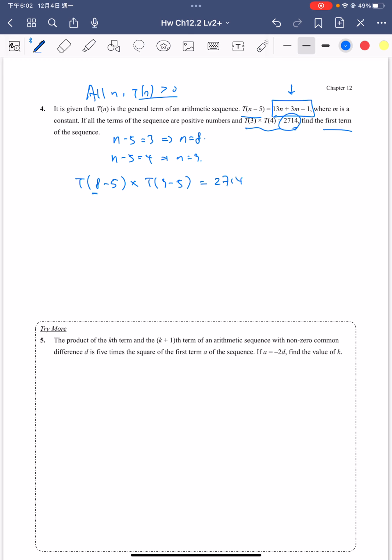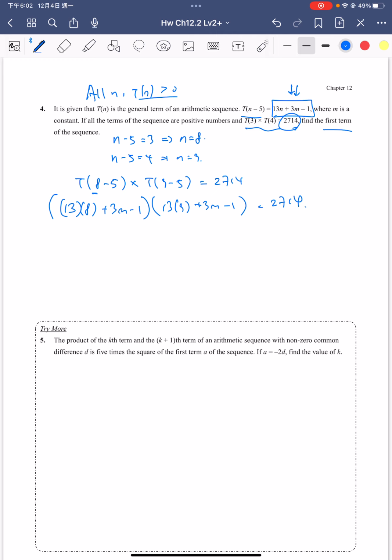So now we can substitute n inside our equation here. So now we have 13 times 8 plus 3m minus 1, and then we times 13 times 9 plus 3m minus 1 is equal to 2714.